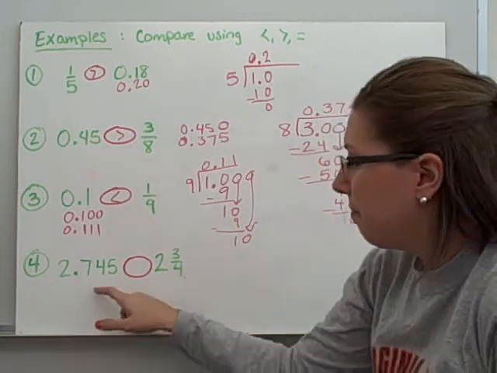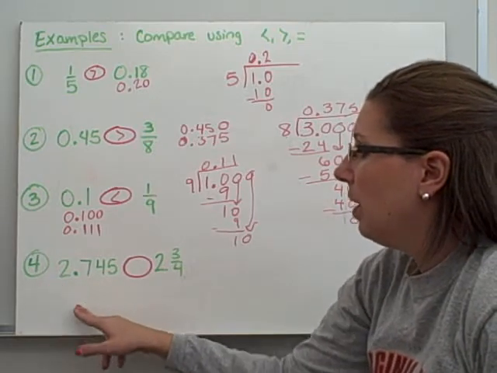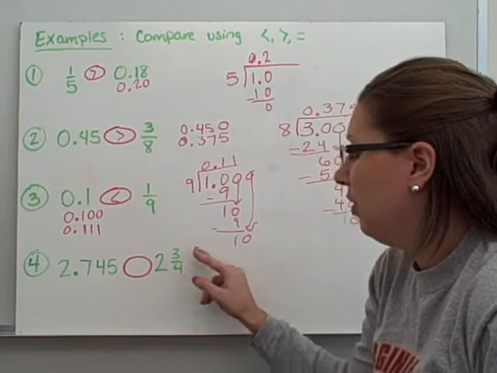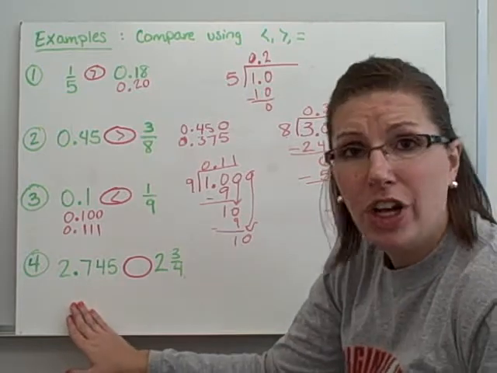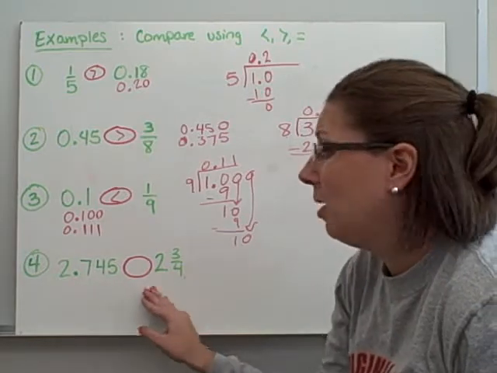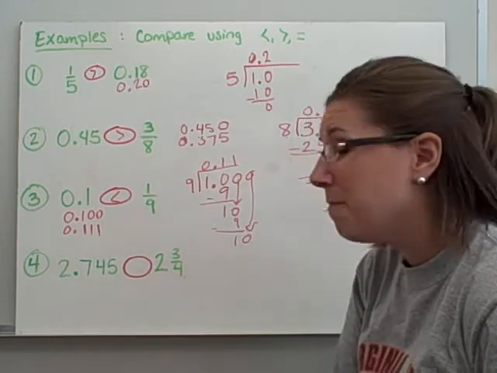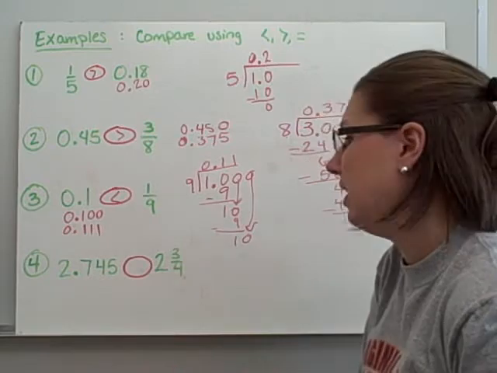And then I have, in number 4, 2.745, or 2 3/4. Like I said, I could try to change that to a fraction and compare, but it's harder because I would have to have equivalent denominators to do that. So I'm going to change the fraction to a decimal instead.